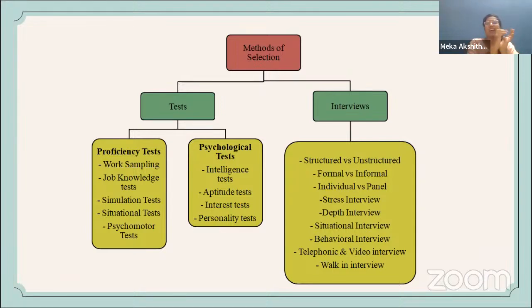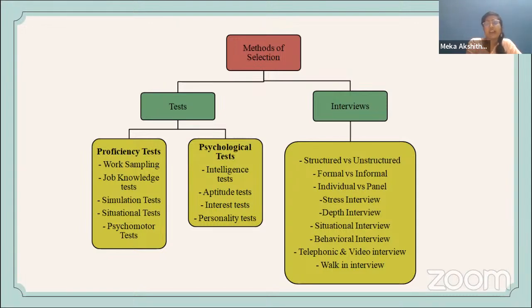These have different subscales, such as reasoning ability, mathematical ability, verbal ability, mechanical ability, and clerical ability. So in one aptitude test we would be able to know the individual's ability on different tasks, whether the individual is good at verbal, numerical, reasoning, or mechanical abilities.